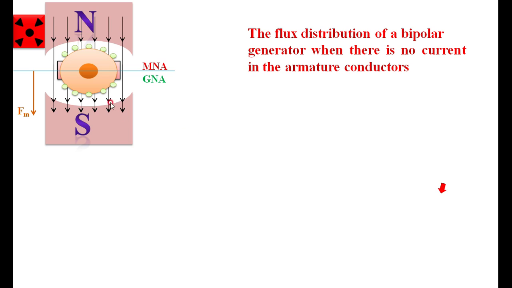In the second case, there is no main flux, meaning the field windings of the poles are not excited. However, there is a flow of current in the armature conductors.